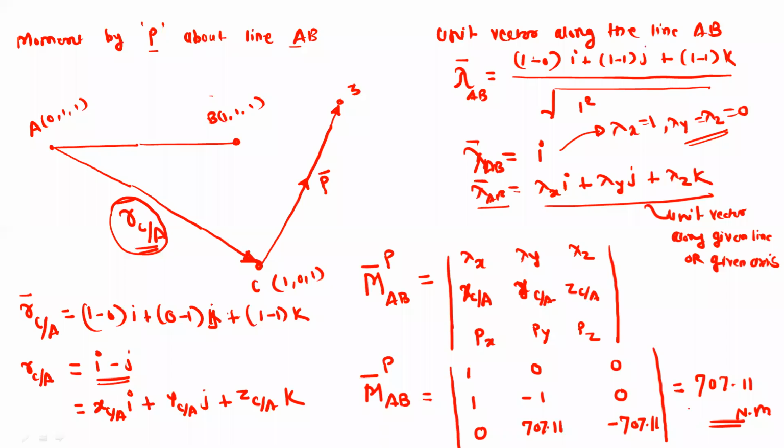Okay. And suppose we want to find out the moment vector, then multiply this magnitude by the unit vector along the direction AB. So this is the unit vector.